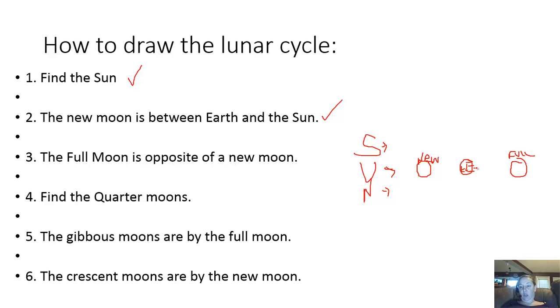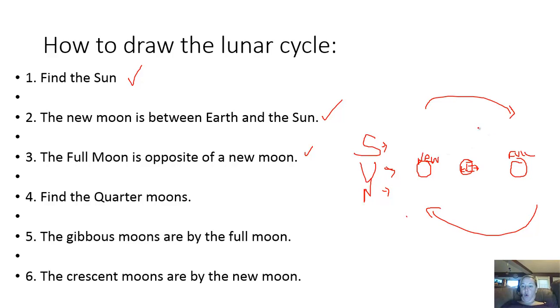So that means that if I'm looking at the moon from this side of Earth, I'm seeing all of the sun's rays hitting the side of the moon that I see. That's my full moon. Now I got to find my quarter moons. Remember, everything goes counterclockwise in space. So counterclockwise would be going this way.